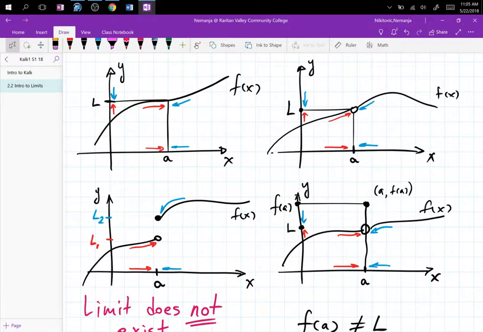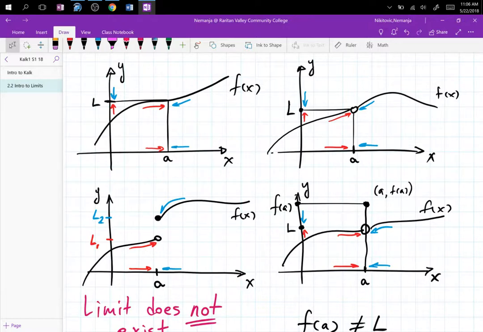What are the differences between these four situations? Top left, limit exists, function value exists, and they are the same point. So f of a is equal to L.